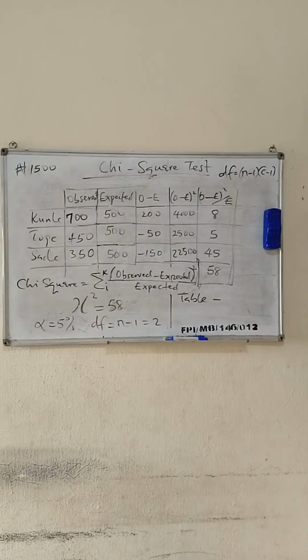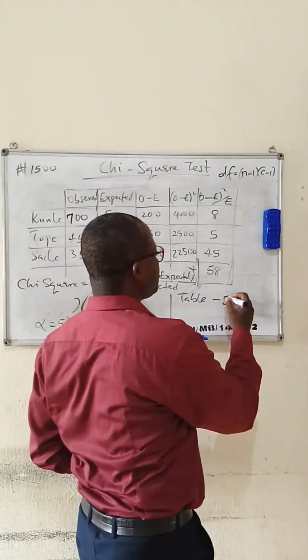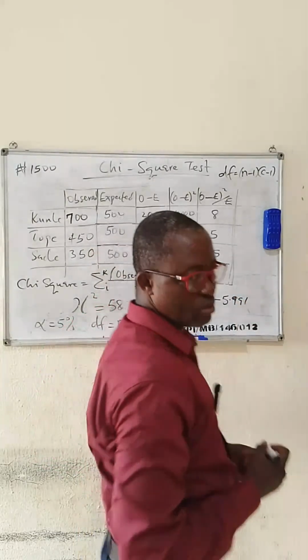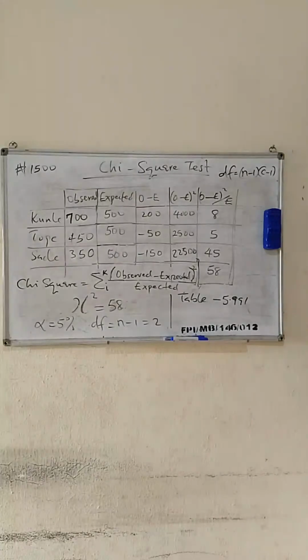That is degrees of freedom. So if you check the degree of freedom for this solution that we had, our degree of freedom is 2. So we check on 2, and under 5%, we have 5.991. Table value 5.991. Can you confirm from your own table? Somebody said 2.92.